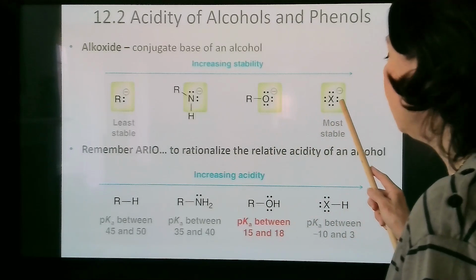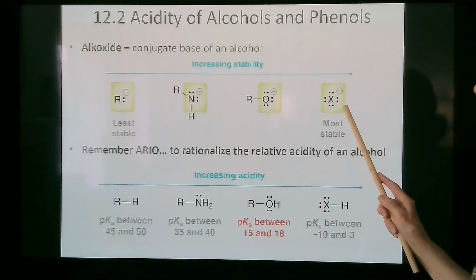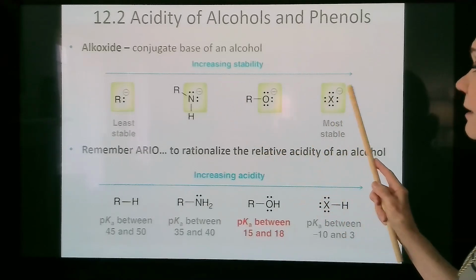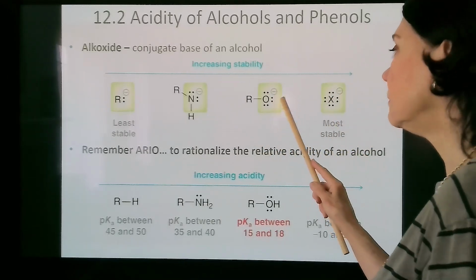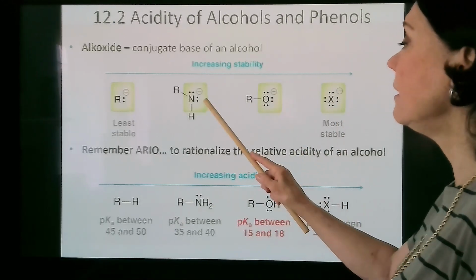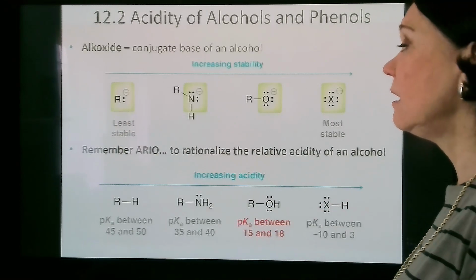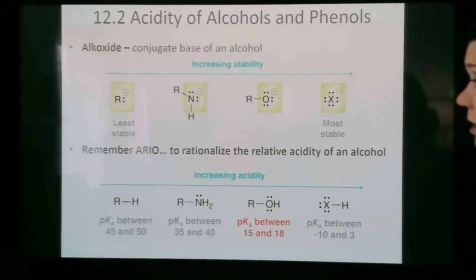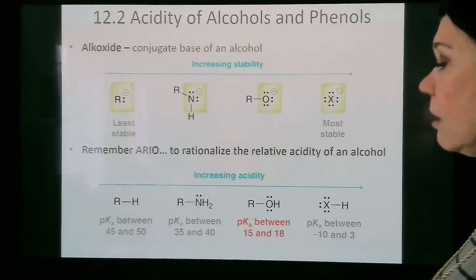Remember that of these four, this is the most stable of these anions. Alkoxide falls up here, not that close to halide, and then you have the amide, which is a much stronger base, and then the alkyl anion, which is an exceedingly strong base.